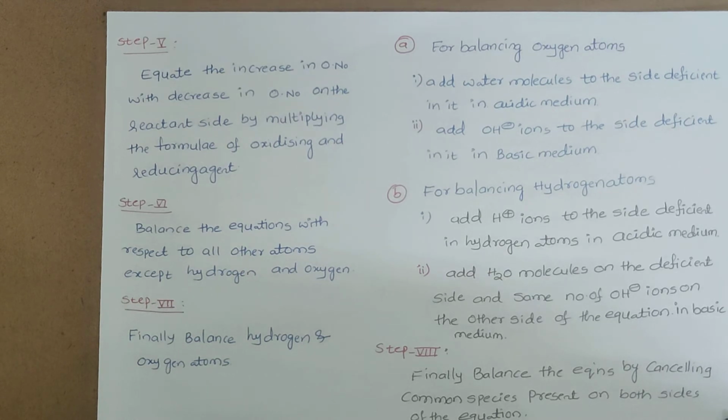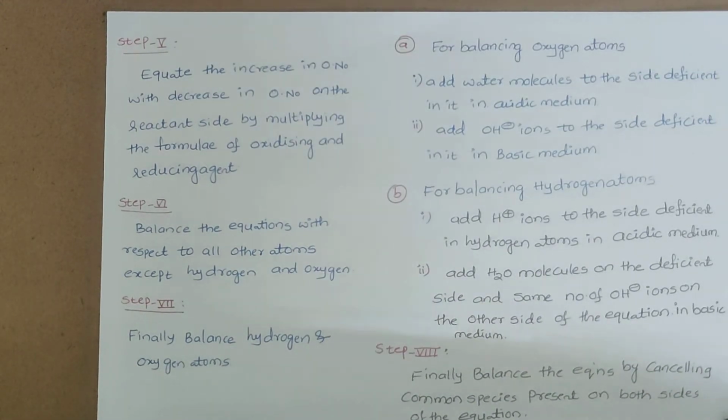To balance the hydrogen atoms in acidic medium, add H plus ions to the deficient side. To balance the hydrogen atoms in basic medium, add water molecules to the deficient side, and the same number of OH minus ions will be added to the rich side.